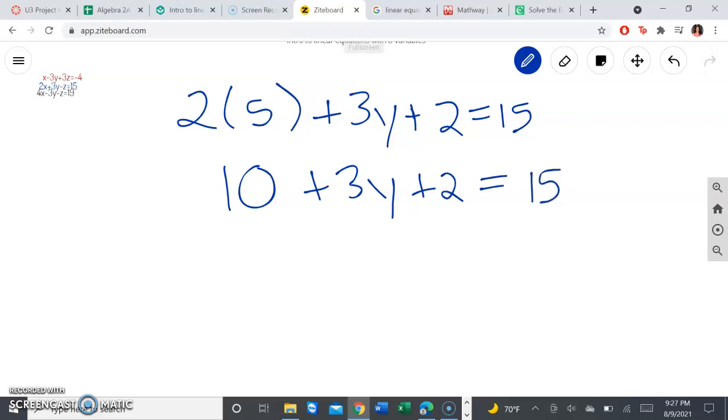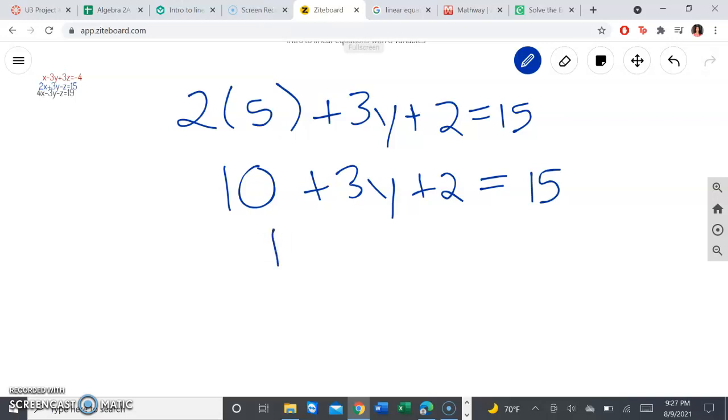So now that all of the variables that we solved for are put into this equation, now we can solve for y. Since 10 and 2 are on the same side, you don't need to subtract them from each other, you can just combine them.